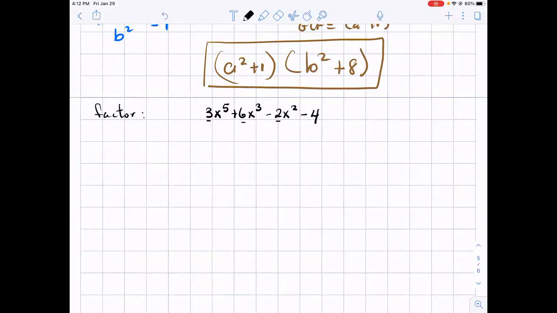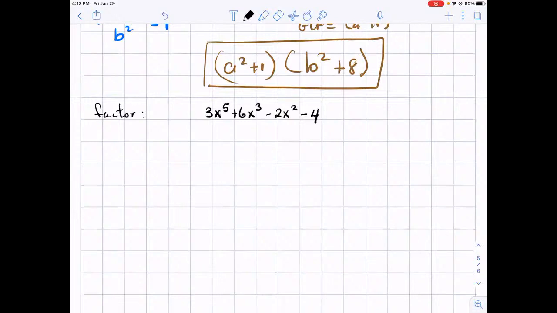If we look at the x's, there's an x term, an x term, an x term, but there's no x term here. So here we have a 4-term polynomial, right? 4 is the hint. We have a 4-term polynomial, and there's no GCF.